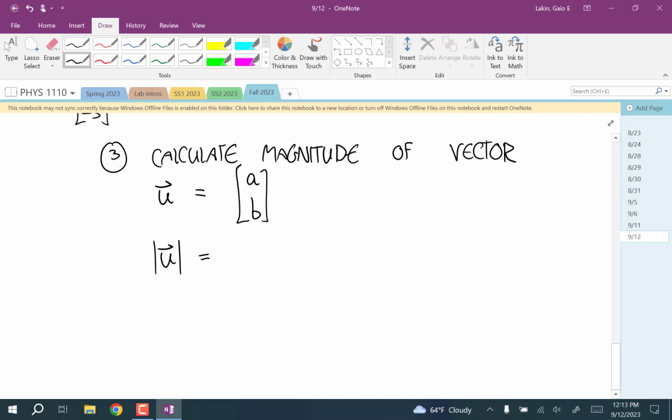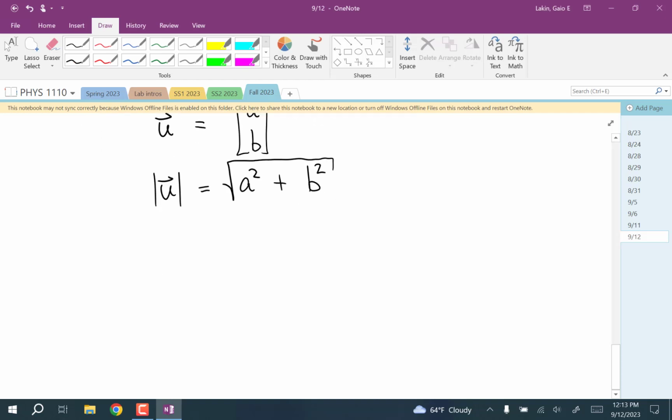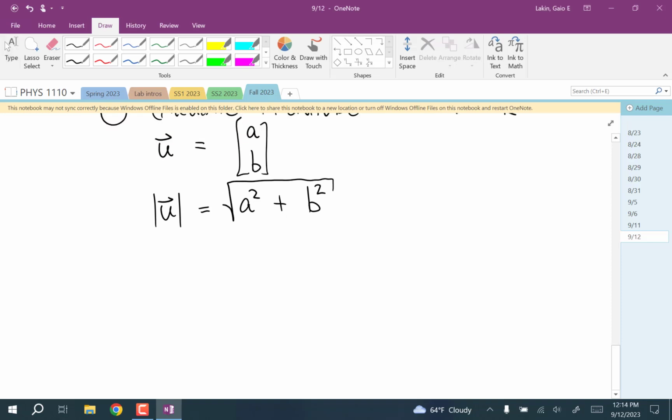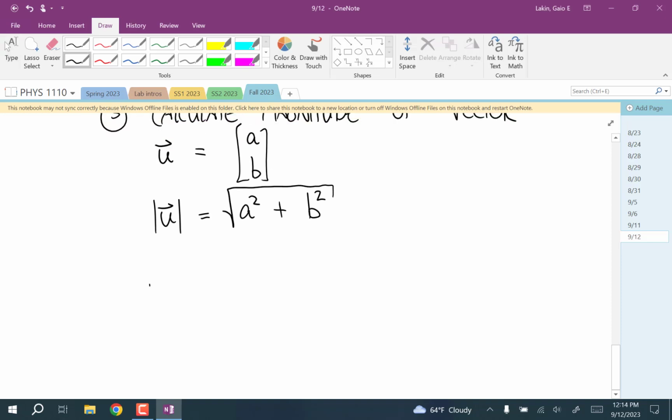The magnitude of this vector is the square root of a squared plus b squared. That formula probably looks familiar. Remember what that formula is? That's the Pythagorean theorem.